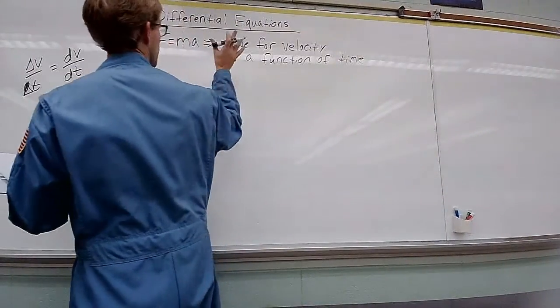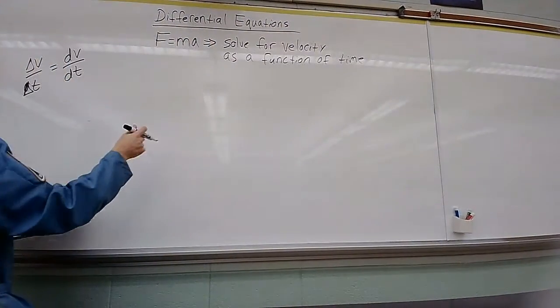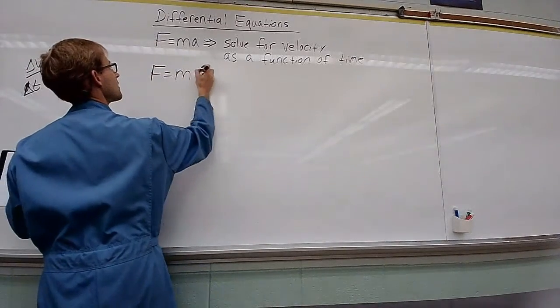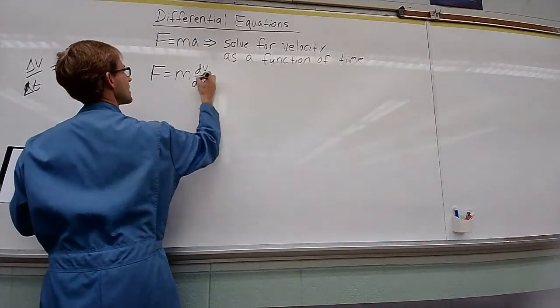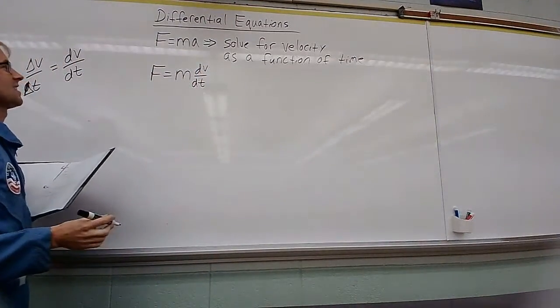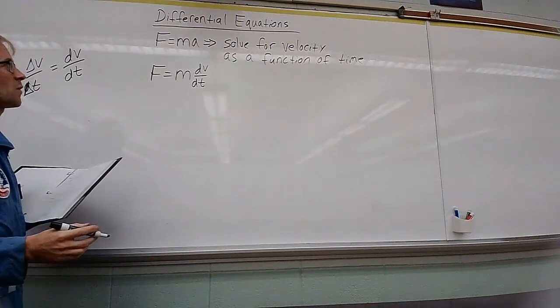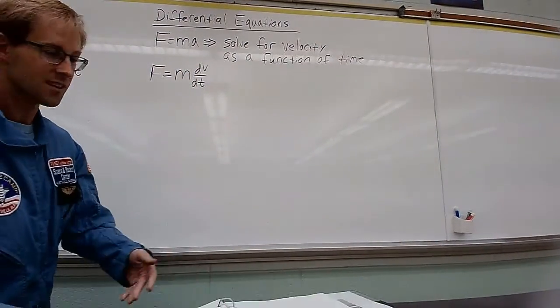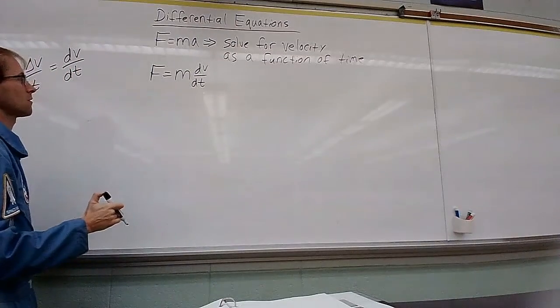So here's the thing. If we want to get velocity and time, what we've got to do is rewrite this equation to this. And then we have to separate the dv and the dt. Why? Because that's just how we roll.